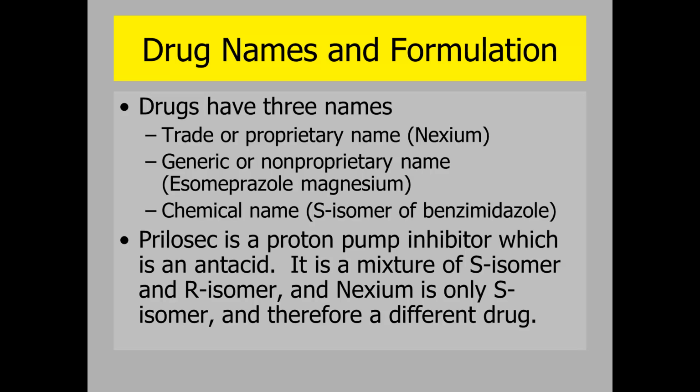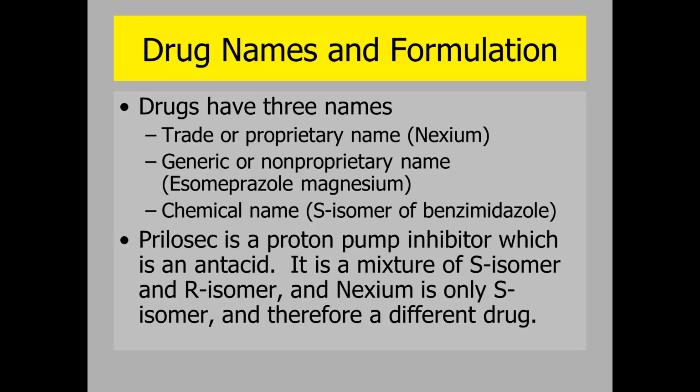So the generic name for Nexium is esomeprazole magnesium. And the chemical name then is S-isomer of benzimidazole. So what's interesting about Nexium is that it's a second-generation drug.